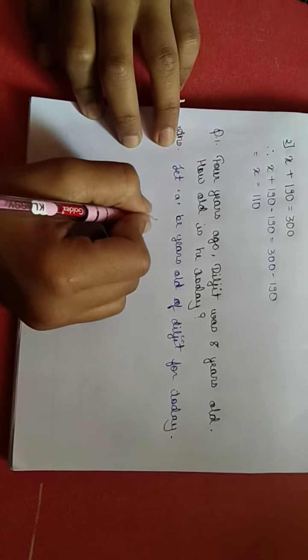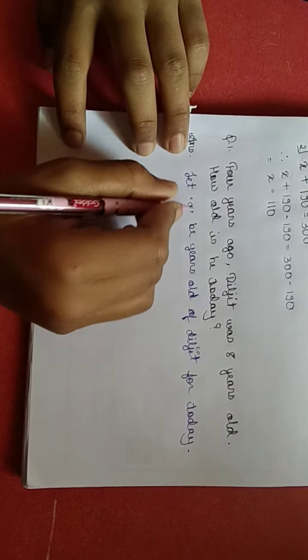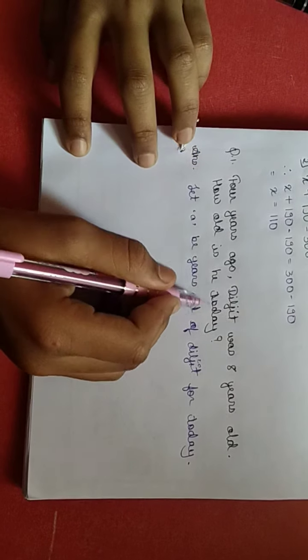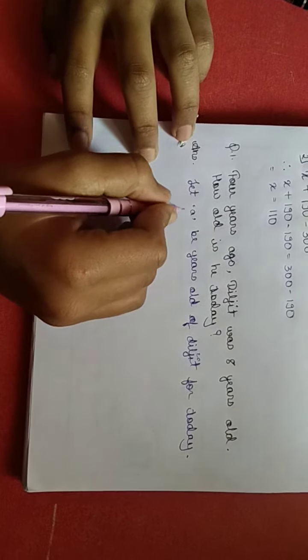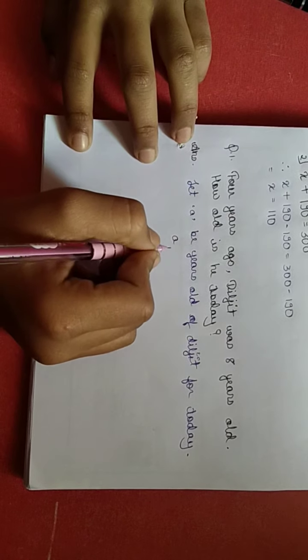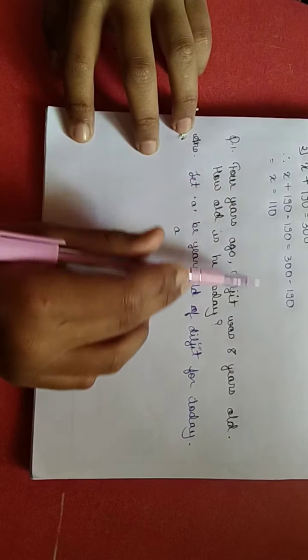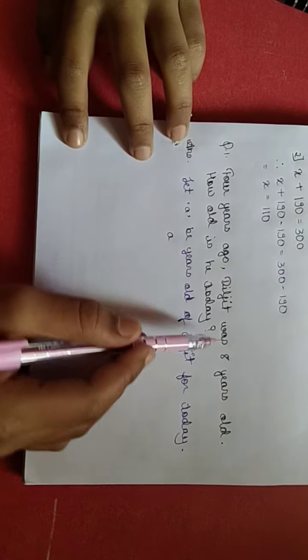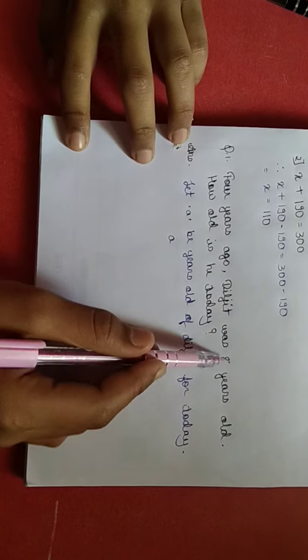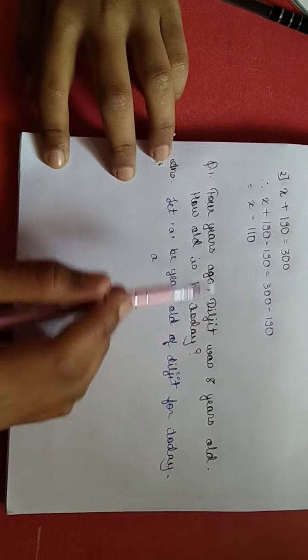Okay, so we have to make an equation. How old is he today? For today we have taken A, so we will write A. By adding these two numbers, 4 years ago and Diljit was 8 years old, we will get our answer.